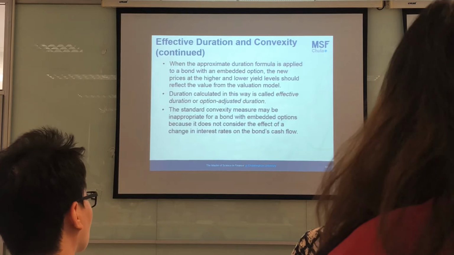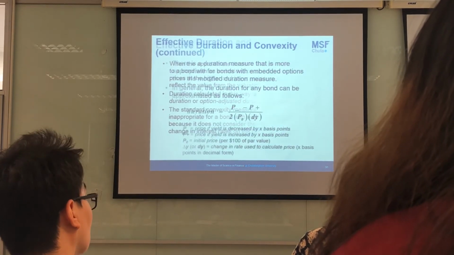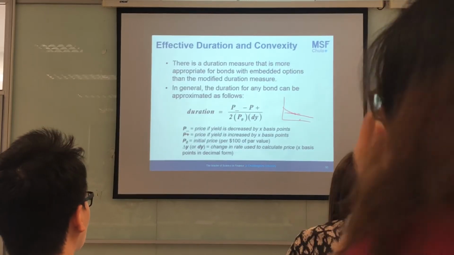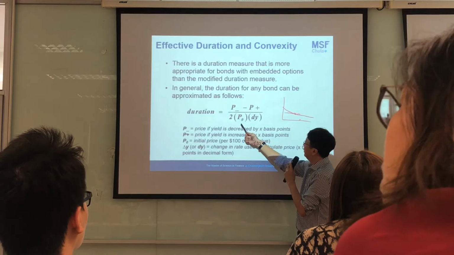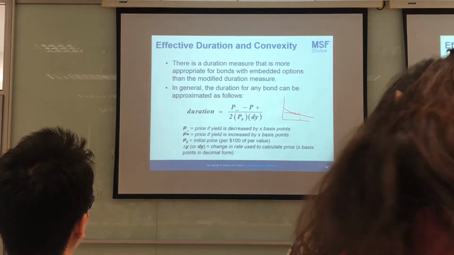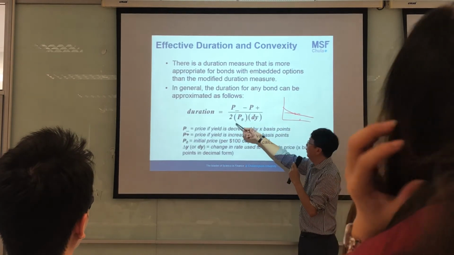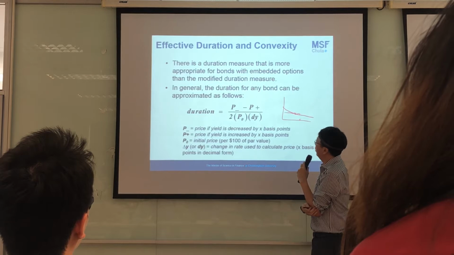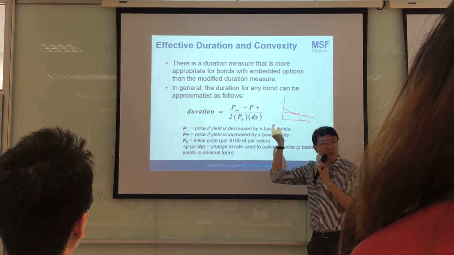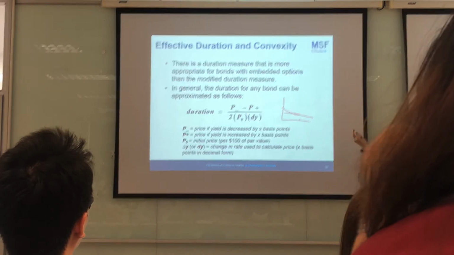The unit of the duration. You can see that this is price, right? The duration unit would be dollars over dollars, so the dollars cancel. So the duration would be the change per basis point, right?